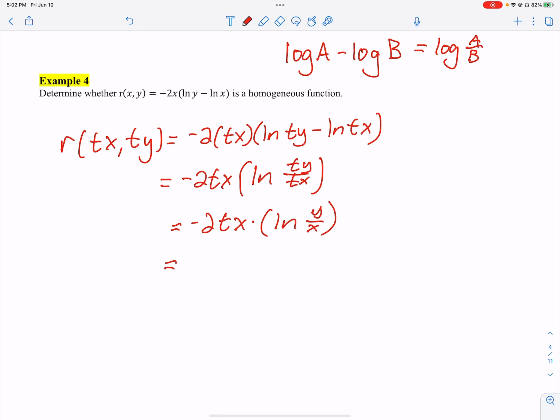Well, now I can just go backwards, and I'm going to write it out this way. t times negative 2x times ln of y minus ln of x. Notice that is t to the first power times r of x, y.